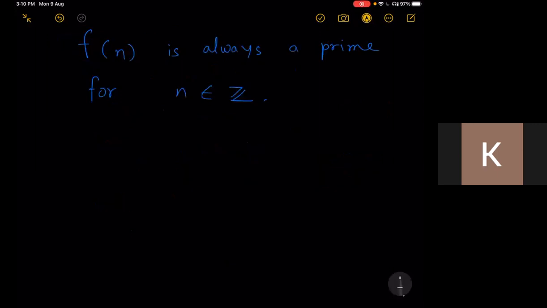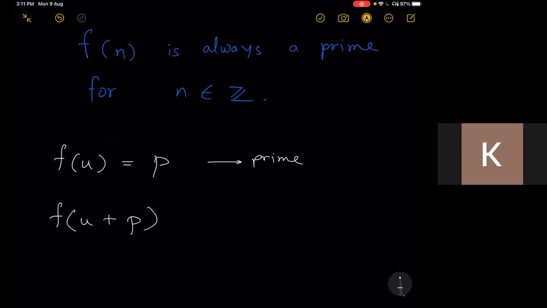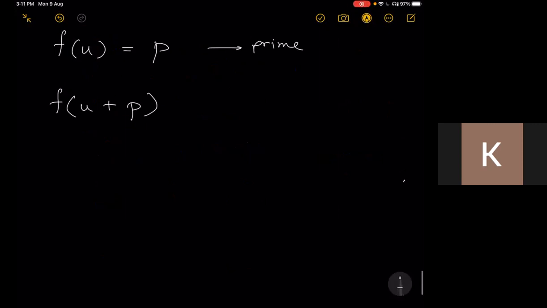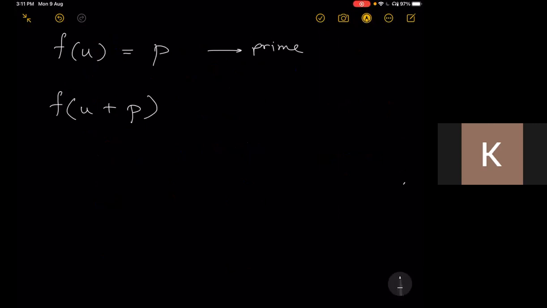Okay. So for some integer u, say if f(u) is p, where p is a prime. Okay. So now we will study this object f(u plus p). There are actually two ways to do it. Both are similar. First one is f(x) equal to a0 plus a1 x plus a2 x squared till an x to the power n.